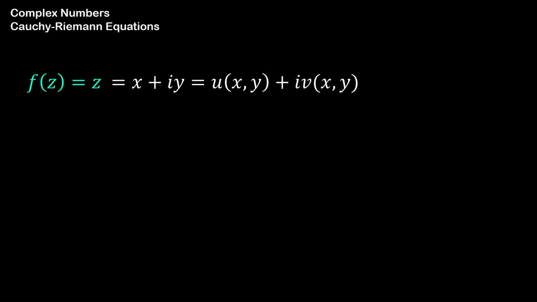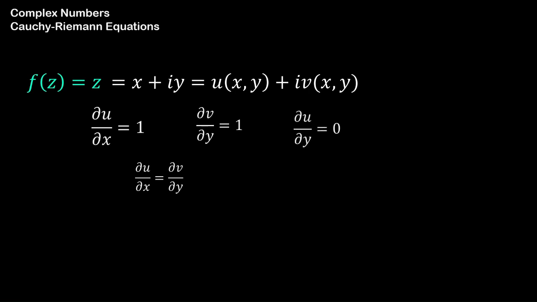Then, taking the partial derivative of u with respect to x, it will be equal to 1. And taking the partial derivative of v with respect to y is also equal to 1. So it satisfies the first equality of the Cauchy-Riemann equations. Let us take the second equality.